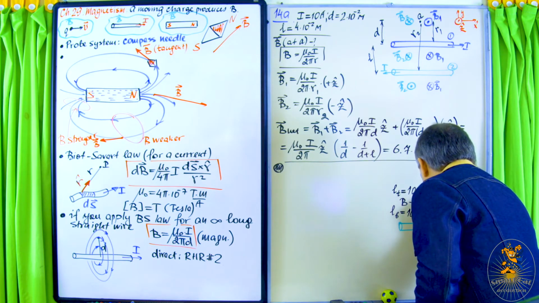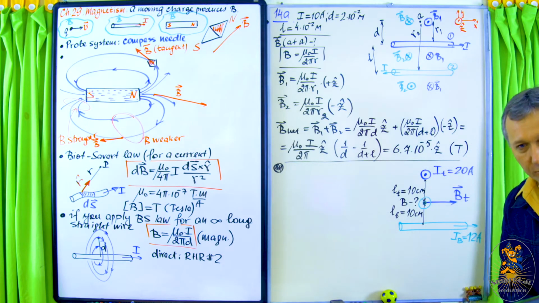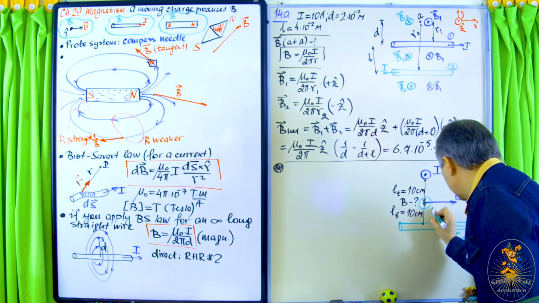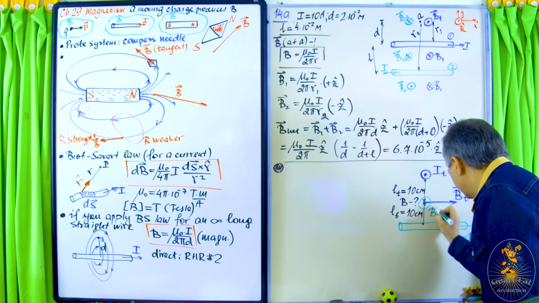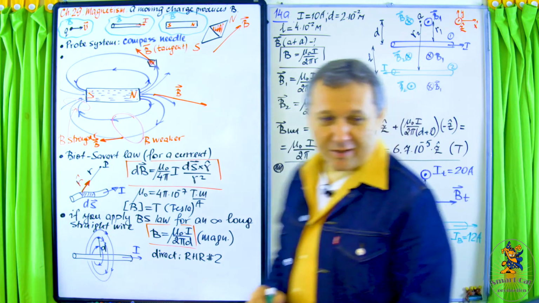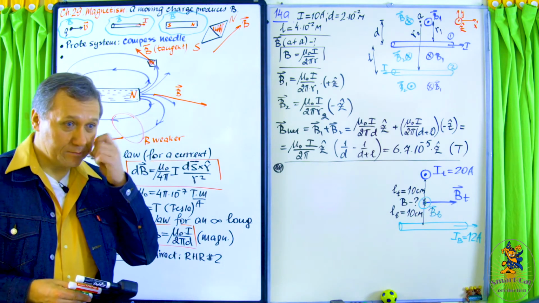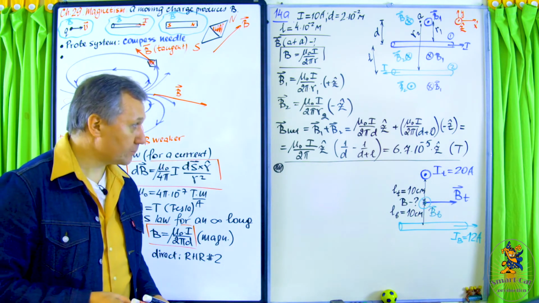So it means that I can draw this green circle with a dot. So this will be B sub B. B stands for the bottom, right? So these are two directions of the magnetic fields, right?